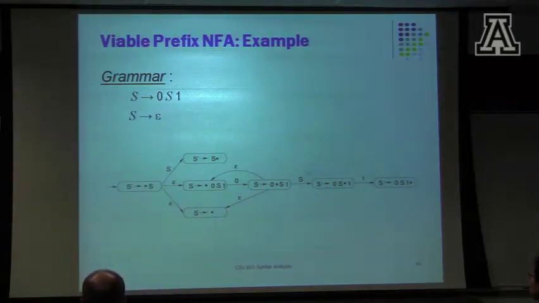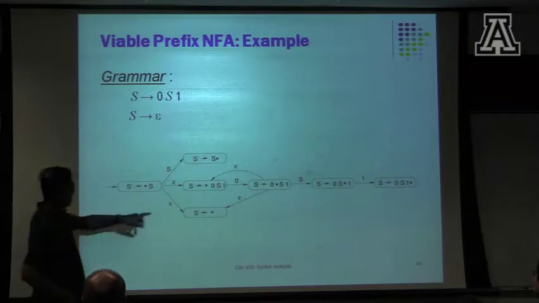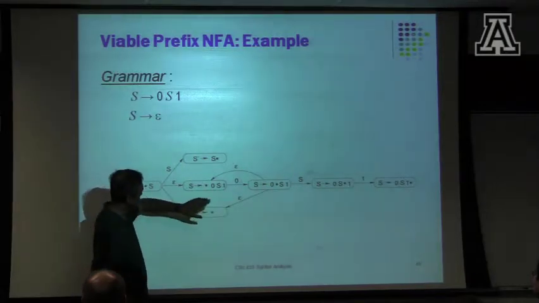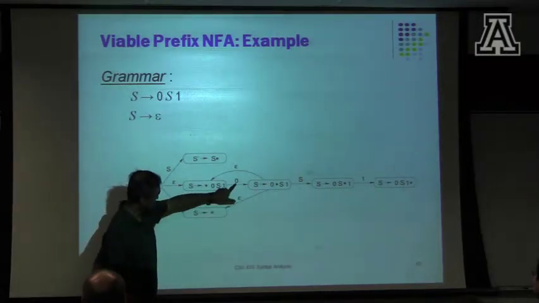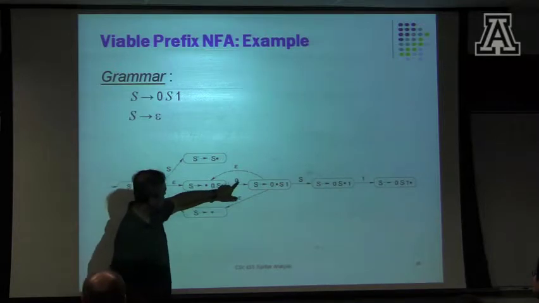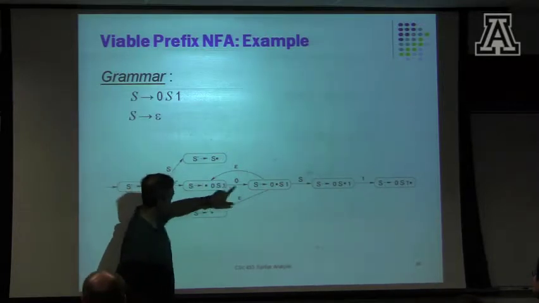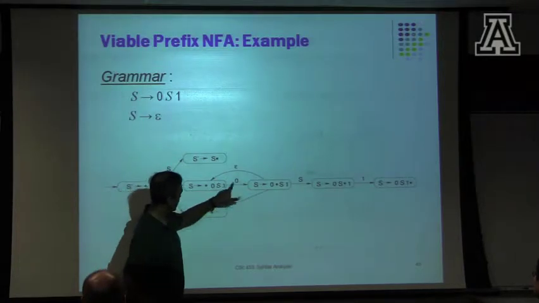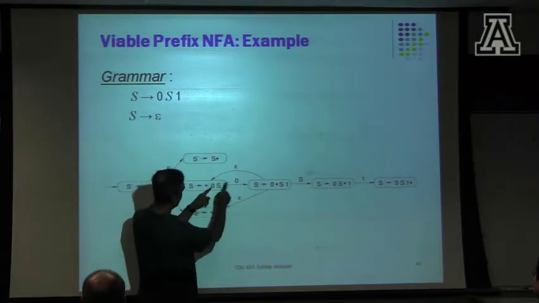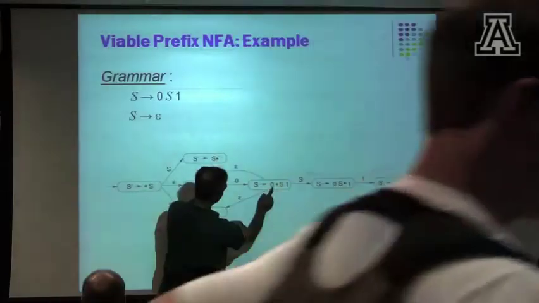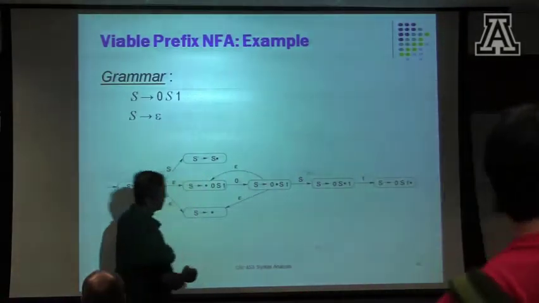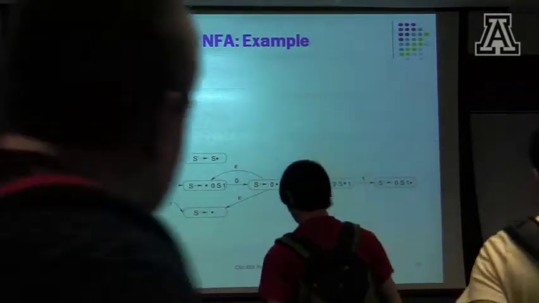And then we'll look at the transitions out of the state, and if I see a token, for example, we'll shift that token to move from this state to that state, because if I see that on the input, I can declare that I have seen that token, so now I can move to a state where I have seen that token, and I'm looking for the rest. So that's the essential idea.